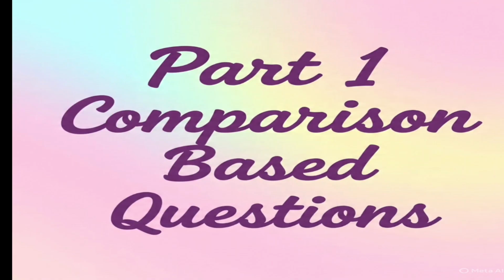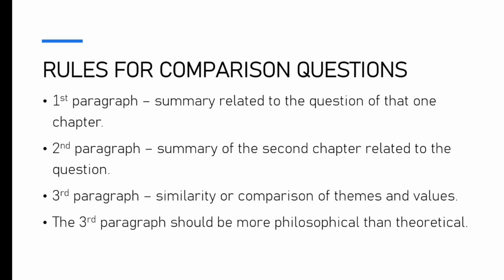Okay, now the first part is comparison based questions. Now let's see what the rules are for the comparison based questions. In these types of questions we have two chapters, and according to them we have to make a comparison.